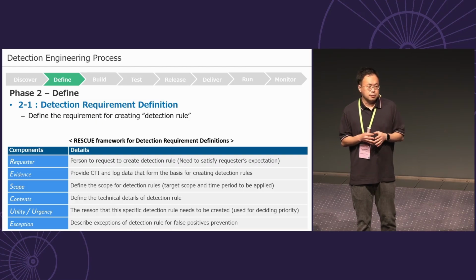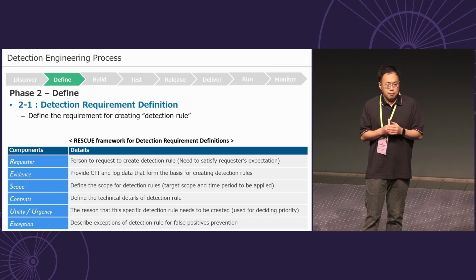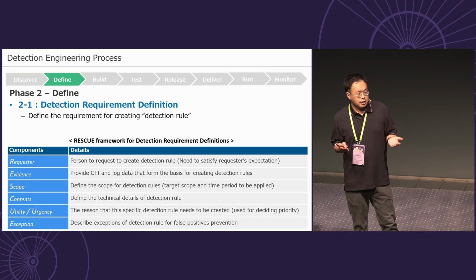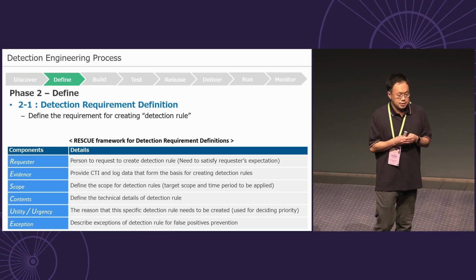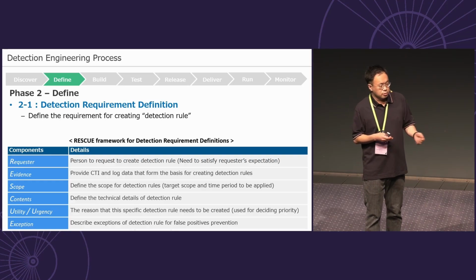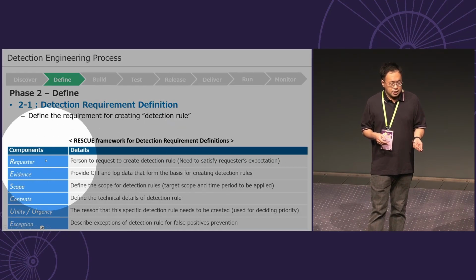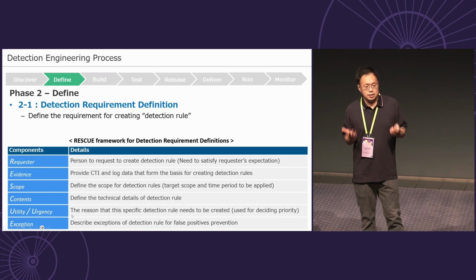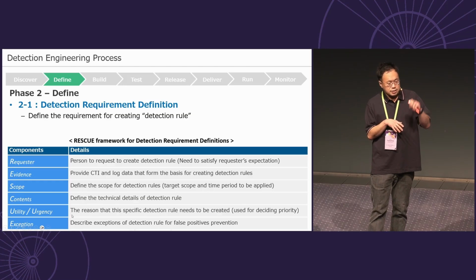Also, we'd like to define the scoping. Maybe the rule is temporary; it's kind of an iterative process. Also, we'd like to define the exact content, and also urgency. The reason we'd like to understand the urgency is why this rule is very important. Lastly, the exception.